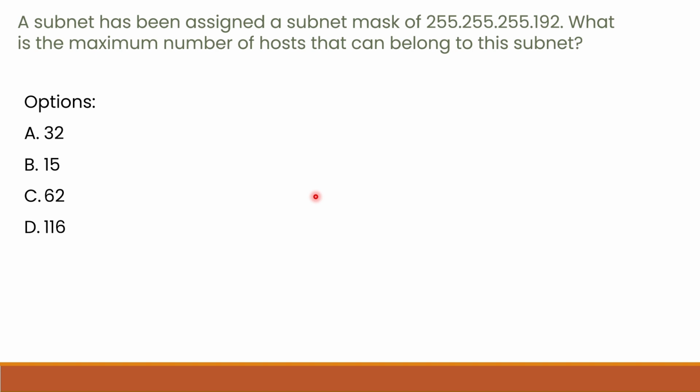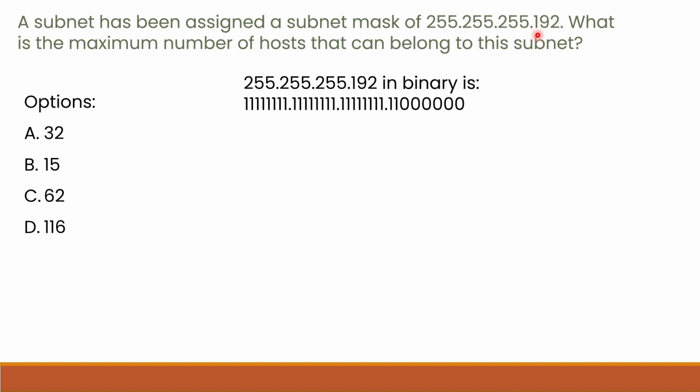Hope you found the answer. If you think option C, 62, is the correct answer, then you're right. If not, let me explain this. First, you have to convert 255.255.255.192 to a binary number. If you convert this into binary, it will be represented in this format.